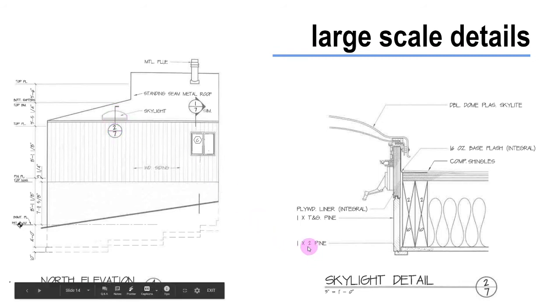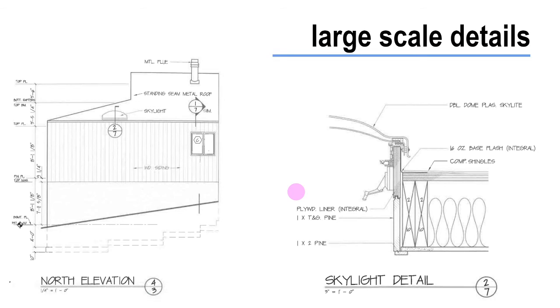And then over here, view 2 on page 7, we can see that this is drawn at 3 inches equals a foot, compared to the 1/4 inch equals a foot scale that the entire elevation is drawn at.